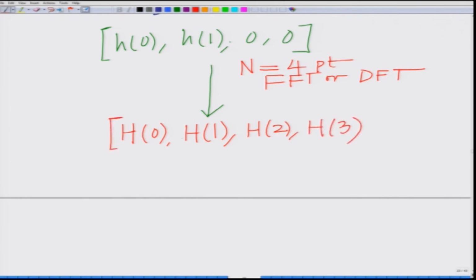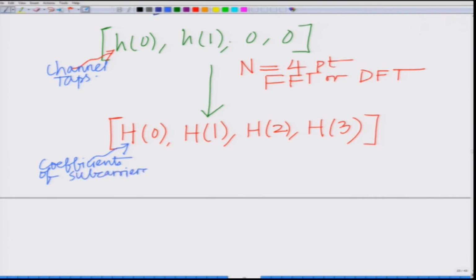These are your channel taps, and these are the coefficients corresponding to the various subcarriers. So, the channel coefficients of the subcarriers are given by the zero padded FFT of the channel taps.